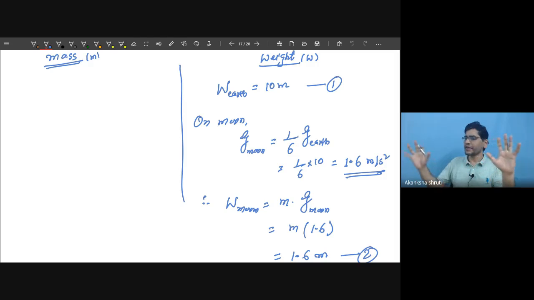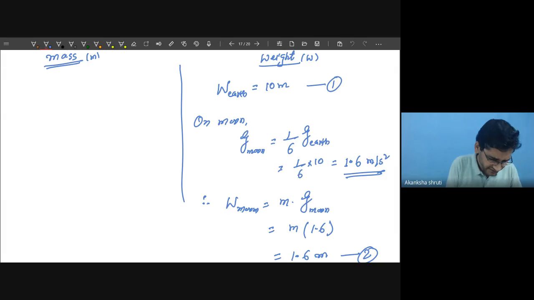But if there is a big stone in your playground, then you cannot push it. What is the difference? It is the mass. The mass of a stone is much more than the mass of a ball. Therefore, the tendency to maintain its state for the bigger stone or bigger mass is more. Means higher the mass, more the inertia. So the tendency to maintain its state is called inertia.